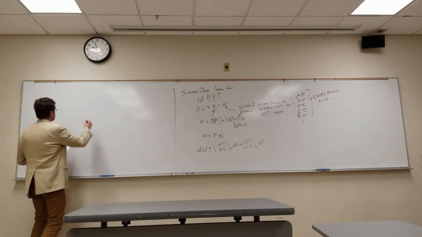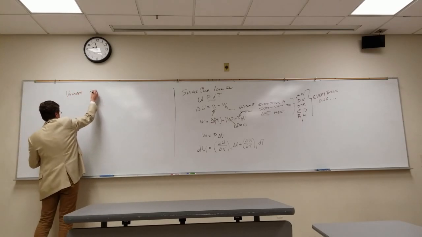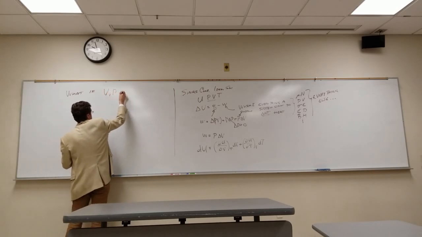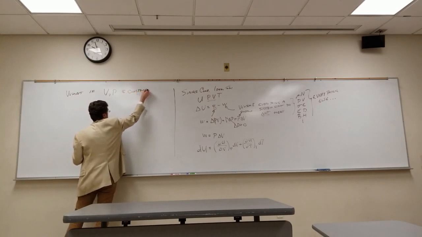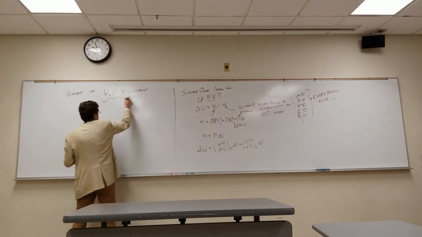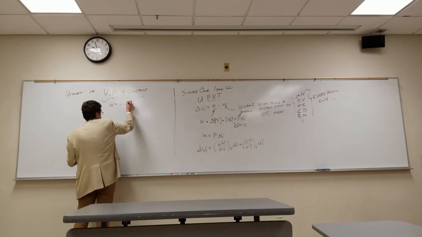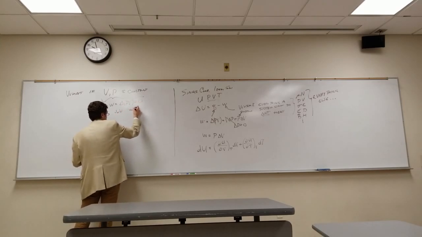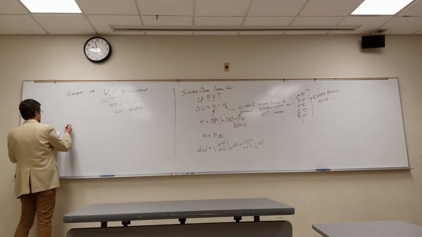Let's say what if V and P are constant? They're both constant. Then W equals P delta V equals 0. No work.